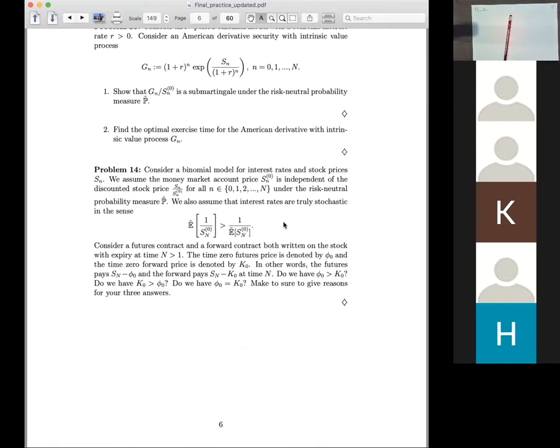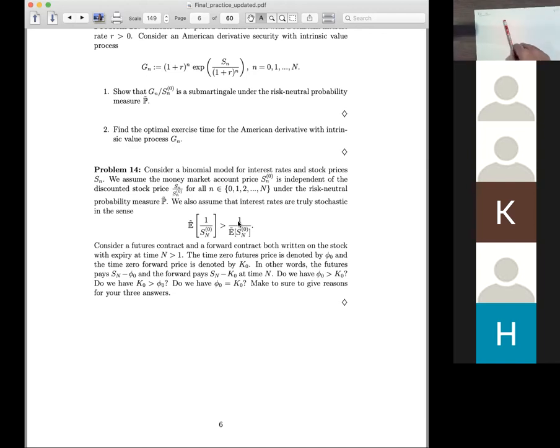Yep. So we're looking at a problem here where there are stock prices and there's a binomial model. The assumption that is being made here is that the bank account's price process is independent of the discounted stock. And then there's another assumption here, which looks a lot like Jensen.